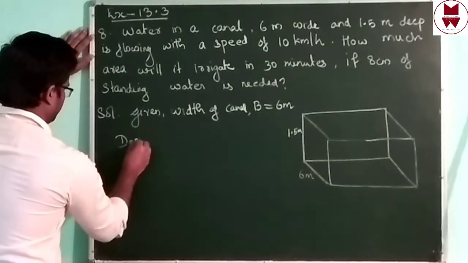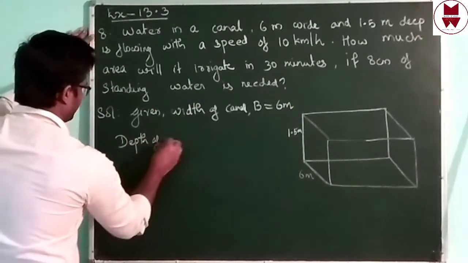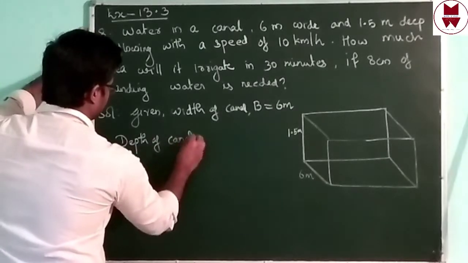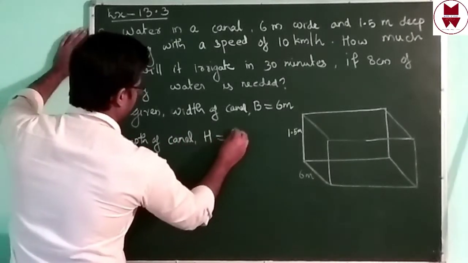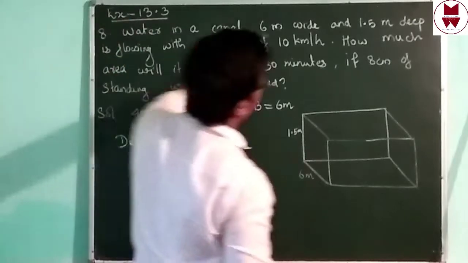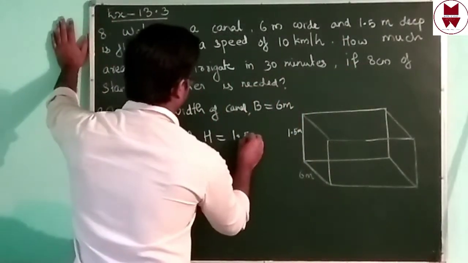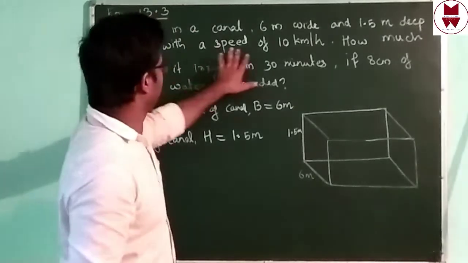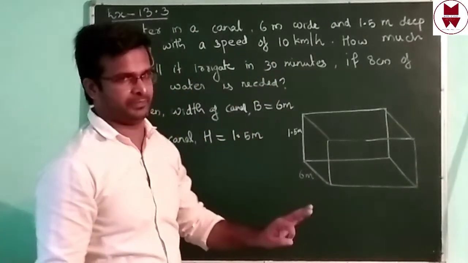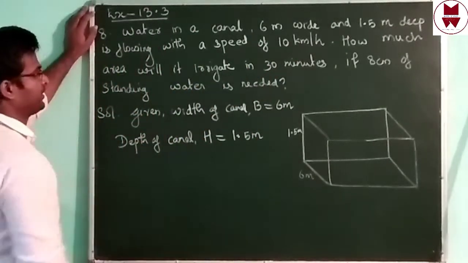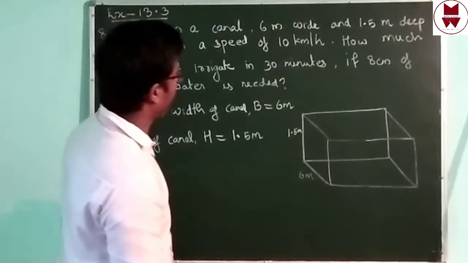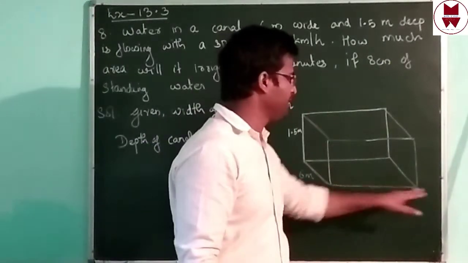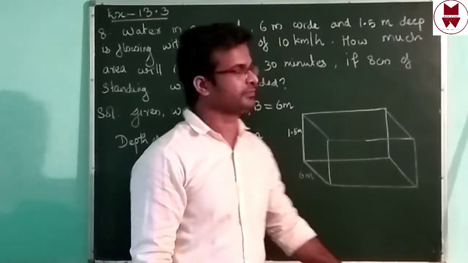Then depth of canal, capital H, equal to 1.5 meter. Then after that given speed of water flowing. We are not using speed directly here, but by this speed we have to find out the length of this canal.